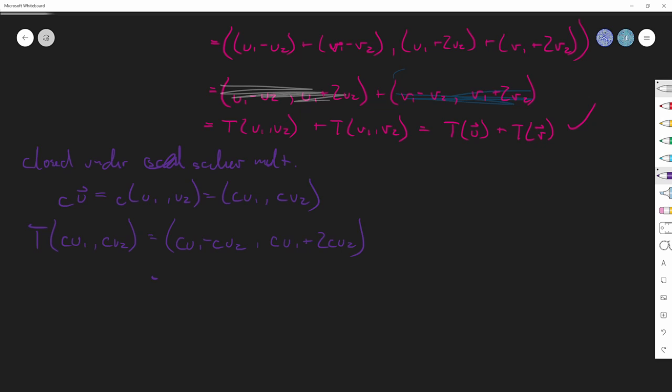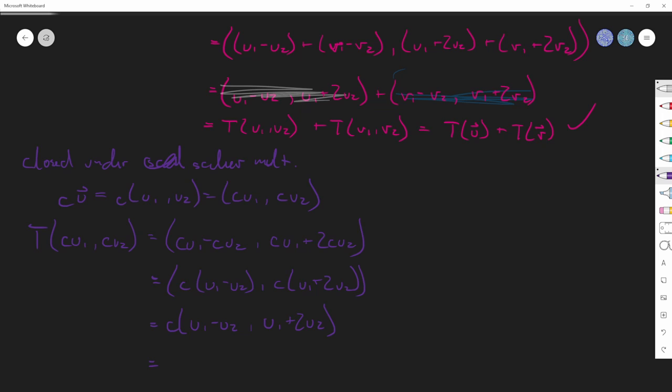We can factor out the c's, so we have c times (u1 minus u2), and then c times (u1 plus 2u2), and then we can factor out the c again, so we're left with c times (u1 minus u2, u1 plus 2u2), and lo and behold, this is our function.